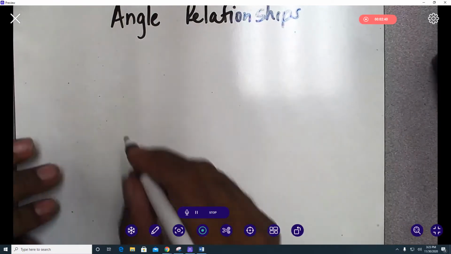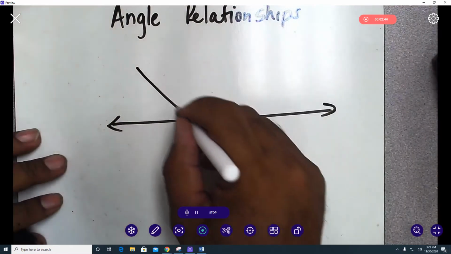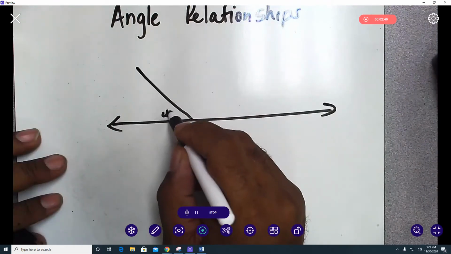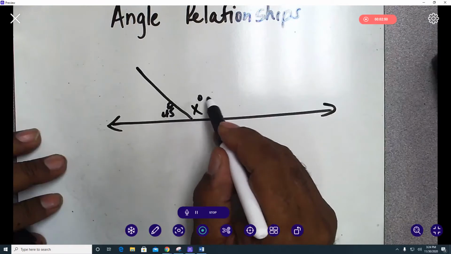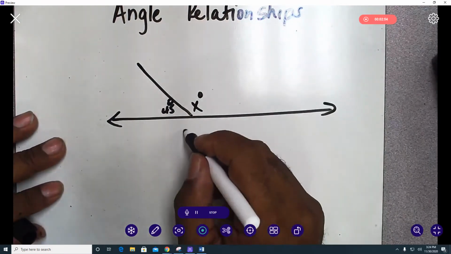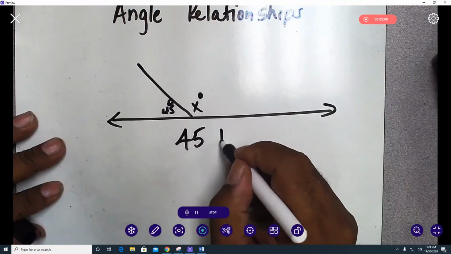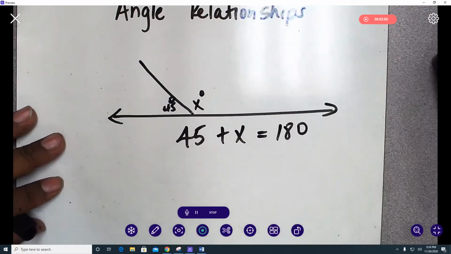Let's say this angle is 45 degrees, and we want to know what this one is. To write the equation for that, it would be 45 plus x equals 180.